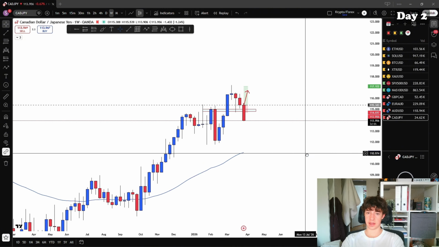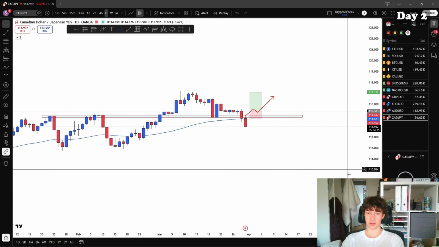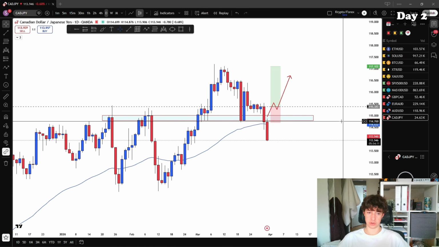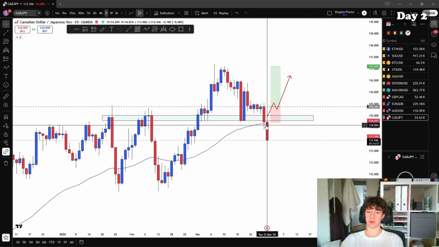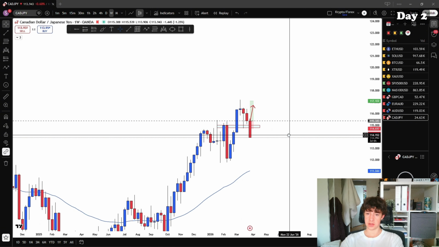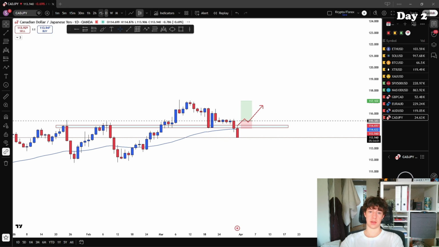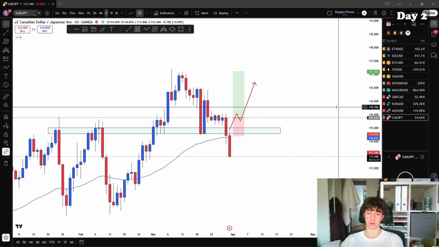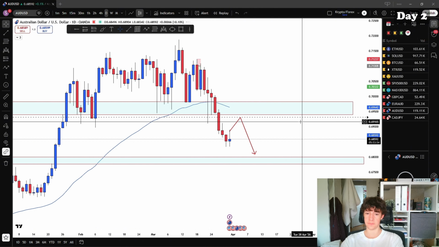And CAD JPY, we are having the push real bad to the downside right now. We are currently pushing down from this area of interest, so I kind of have to see if we can get a market shift this week. We could still maybe enter this trade.